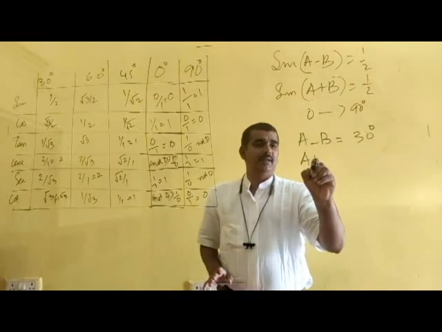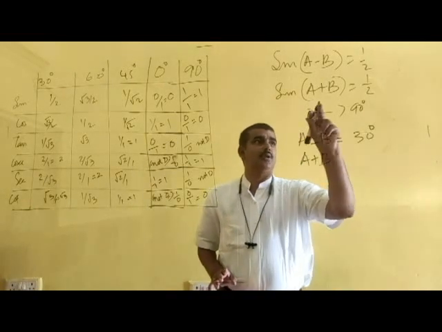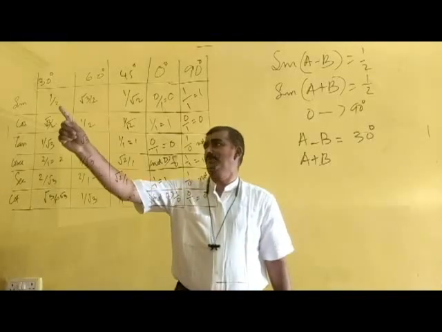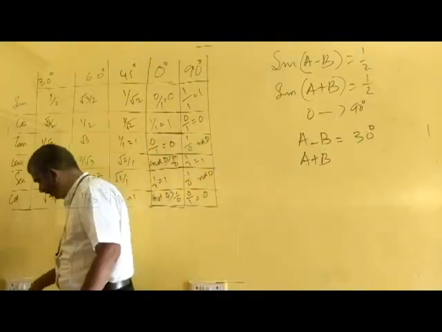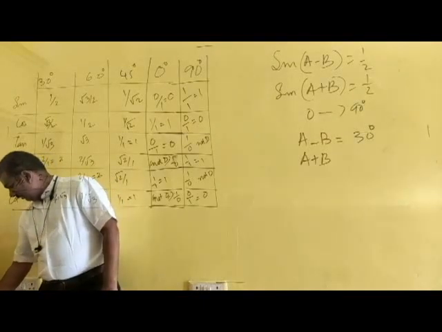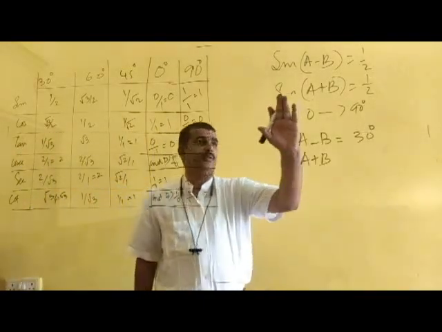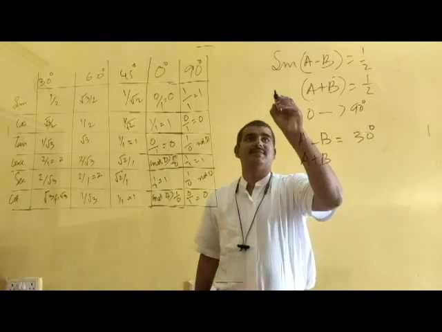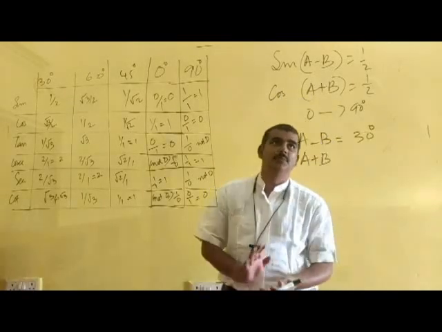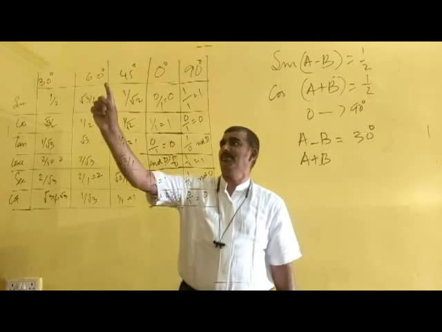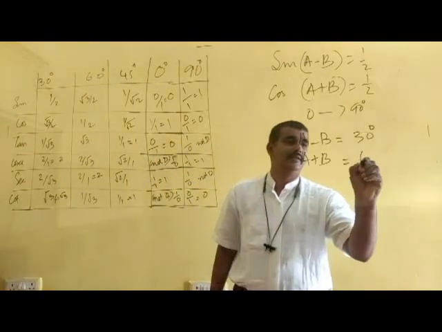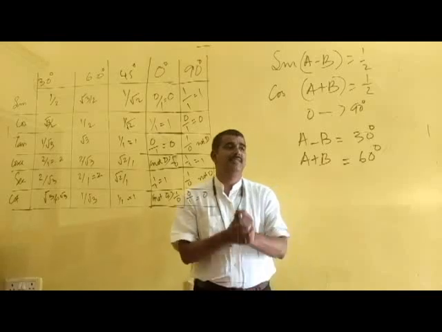And A plus B: sorry, sin (A plus B) is not the question. Here the value is cos (A plus B) is equal to 1 by 2. If cos (A plus B) is equal to 1 by 2, then A plus B is equal to 60 degree.